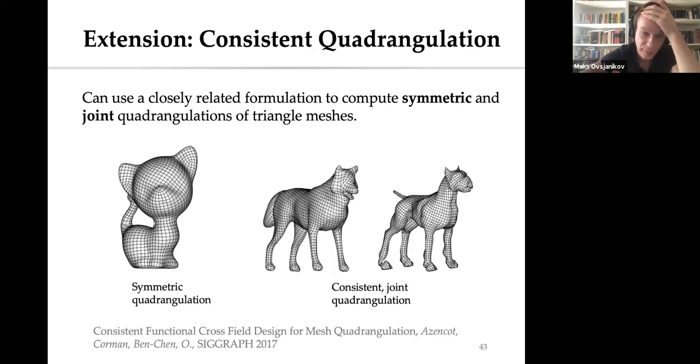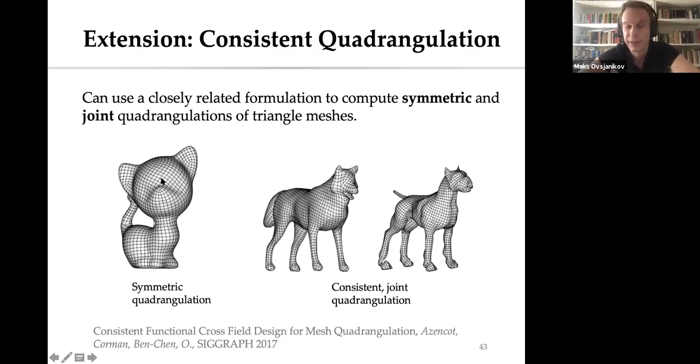Okay, the same idea and the same relation between vector fields and these derivations also can allow us to find either symmetric vector fields or vector fields that are related on different surfaces. And so we use this idea to find either joint quadrangulation, so basically given a pair of triangle meshes and a very rough functional correspondence between them, find a quad mesh that is consistent on the two surfaces, or a quad mesh that is symmetric.